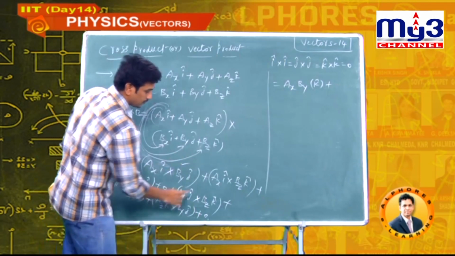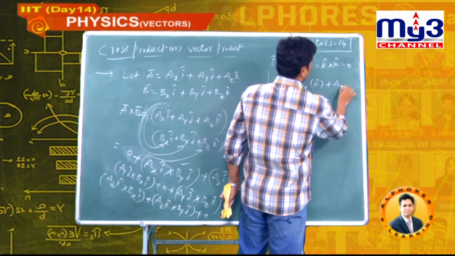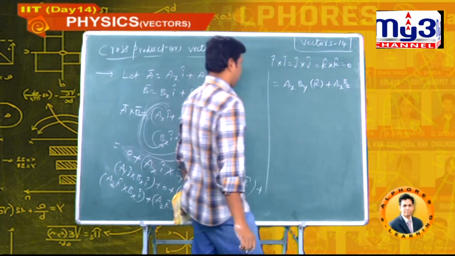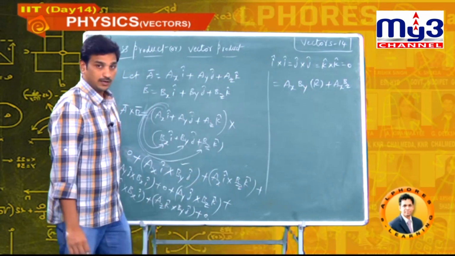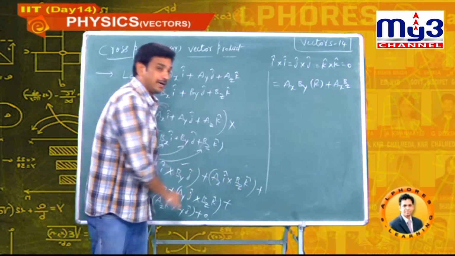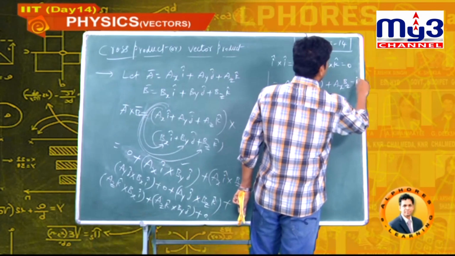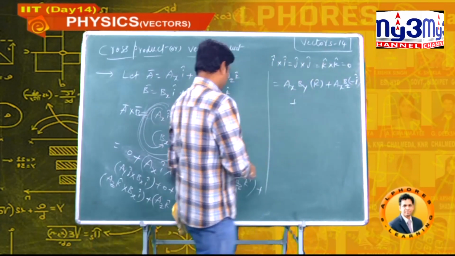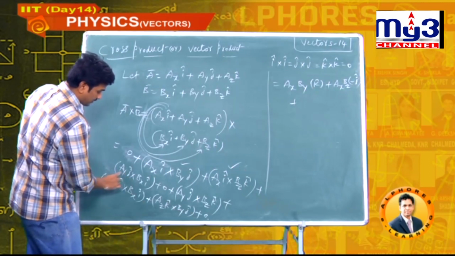This is over. AX BZ, i cross k. What is the meaning of i cross k? Minus j cap. All these points I have already shown you. These also completed.